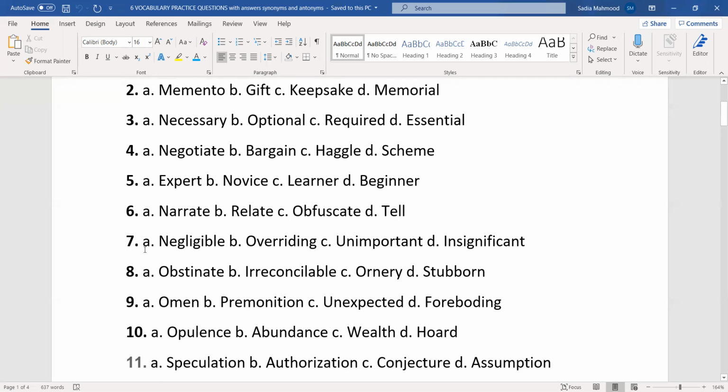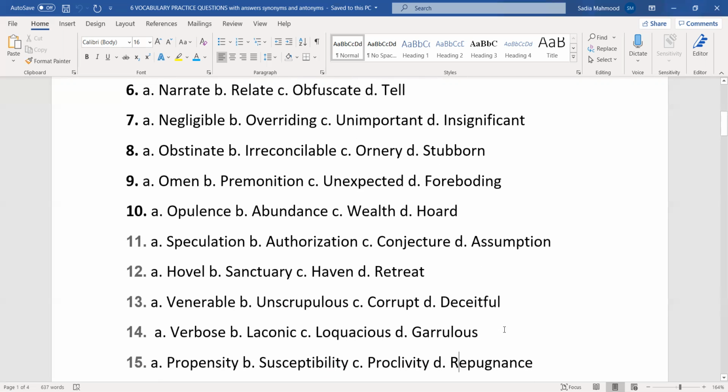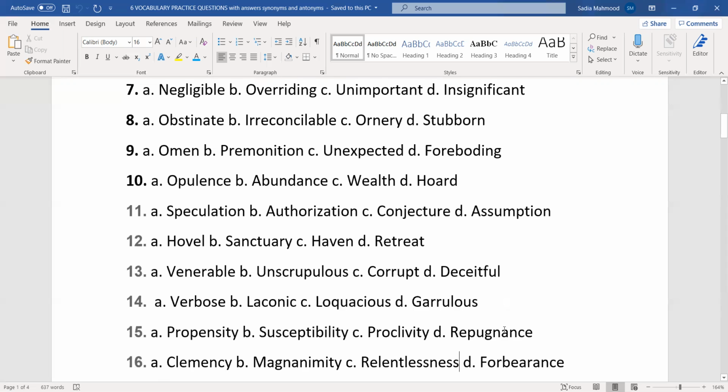Question number 7. Options are option A, negligible. Option B, overriding. Option C, unimportant. Option D, insignificant. Question number 8.